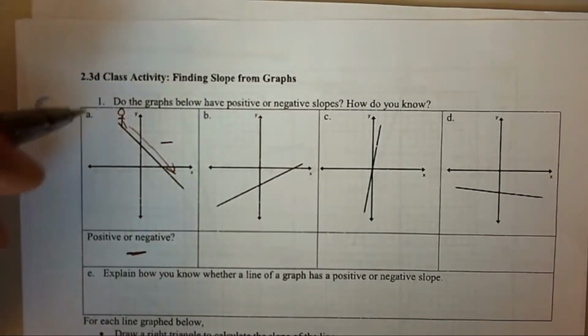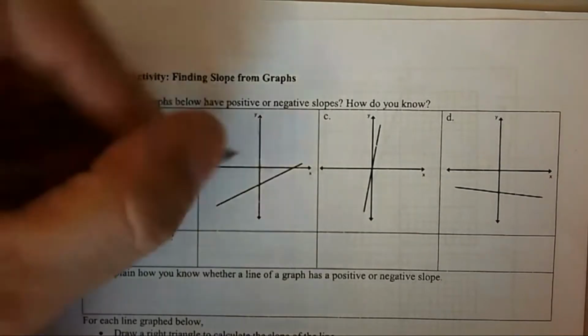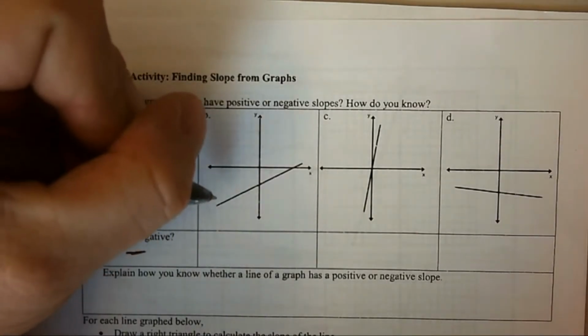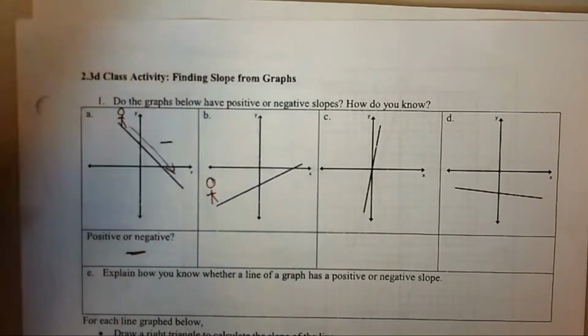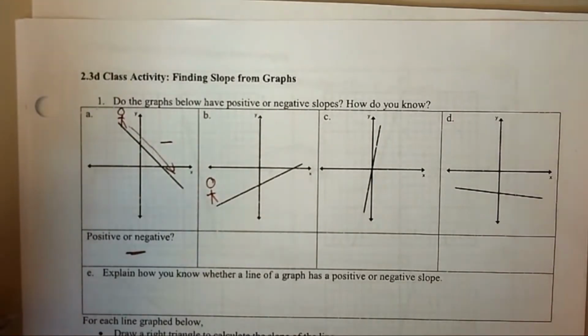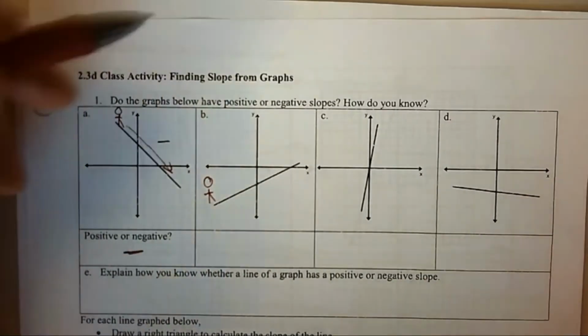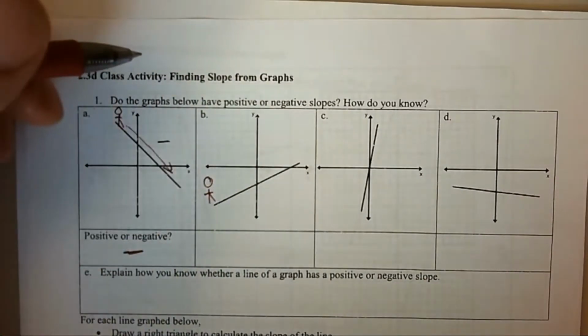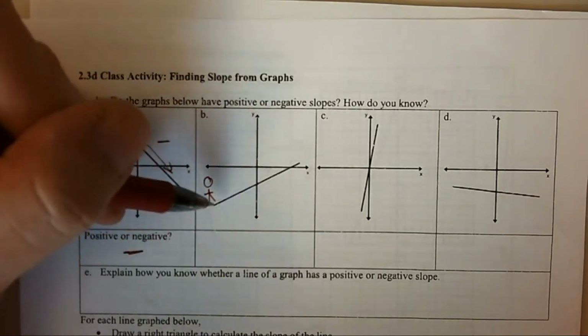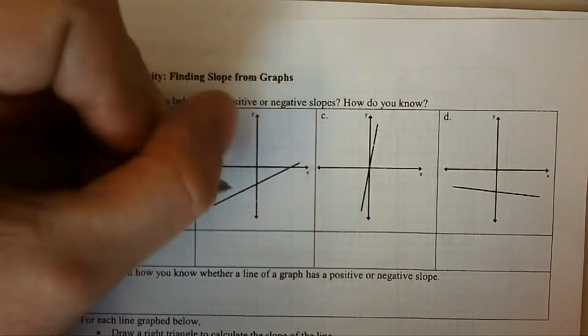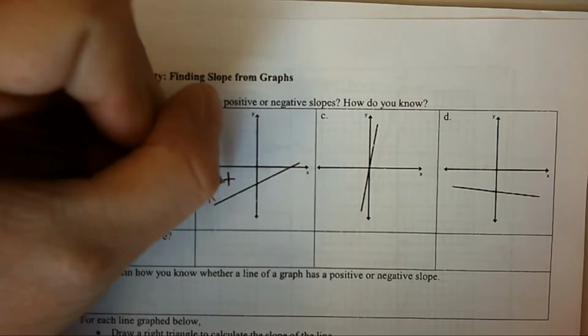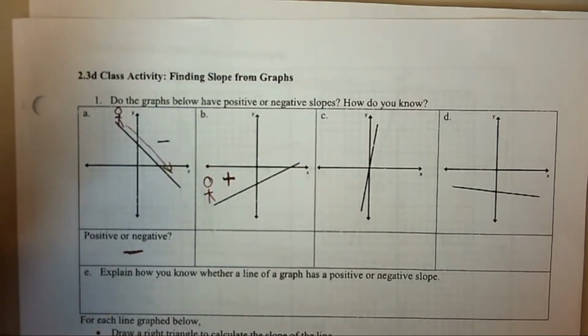And then letter B, we're going to put a stick guy on the left side of the line. And then for the stick guy moving left to right, you're going to notice that he's going to have to walk uphill. And if he walks uphill, then it's a positive.